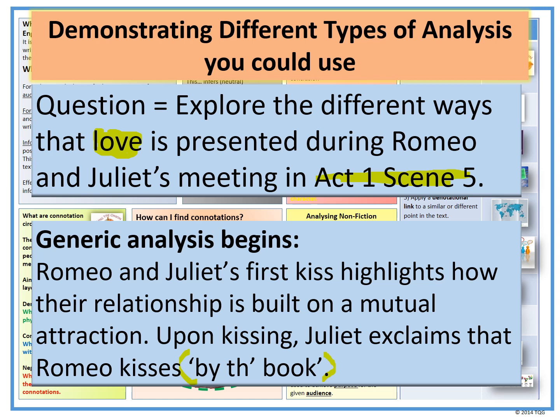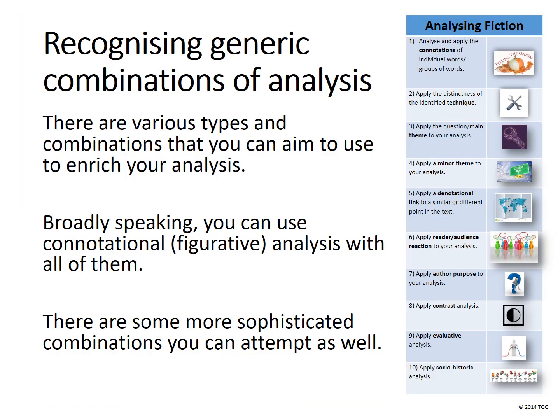So our statement. Romeo and Juliet's first kiss highlights how their relationship is built on a mutual attraction. So the idea behind it is that their attraction is mutual, it connects together. Upon kissing, Juliet exclaims that Romeo kisses by the book. So to improve our analysis and to move deeper now, we need to recognize there's different combinations.